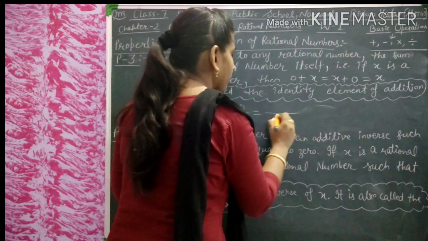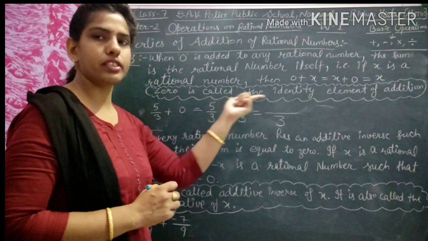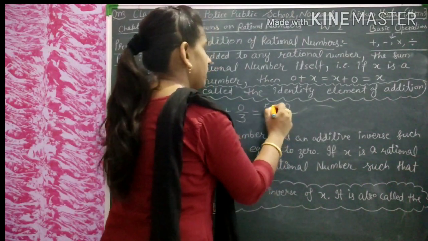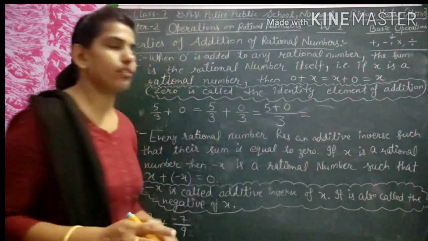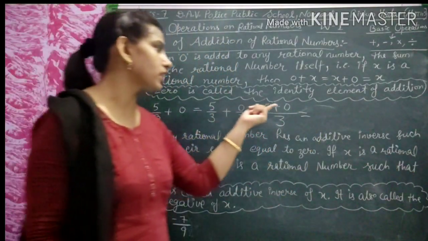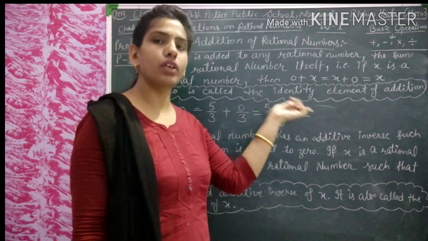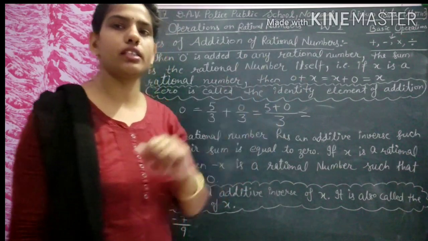The denominators are the same, that is 3. Numerators are added: 5 plus 0. We have done in previous classes that if we add 0 to any natural number, it becomes the number itself.